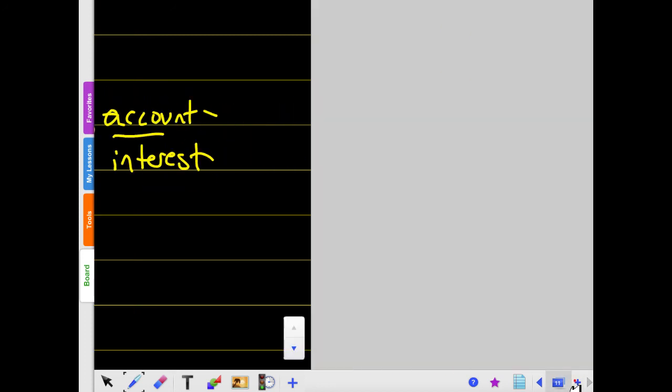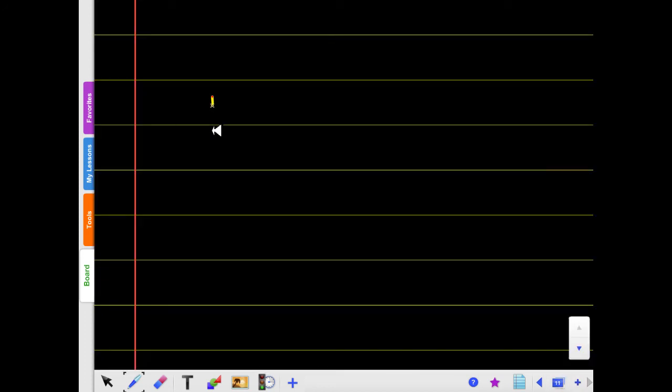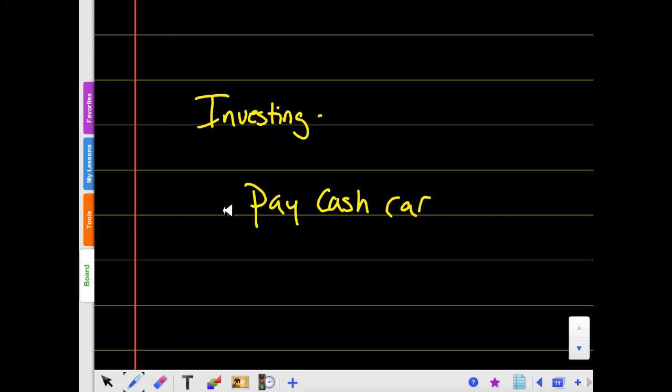And then the last thing. This is really about something we're going to talk about in a later chapter, but investing, because people take this class, they take this particular chapter, and they get excited and they want to invest. But the plan for you is really to pay cash for your car and to pay cash for college, so you don't have any debt.